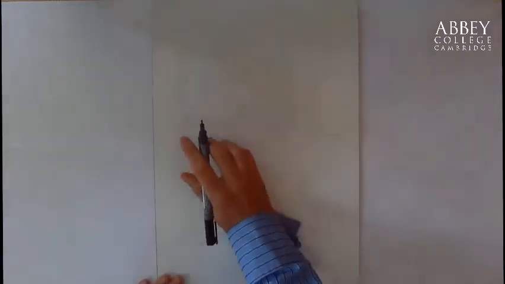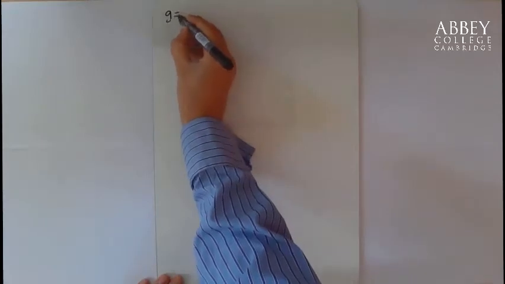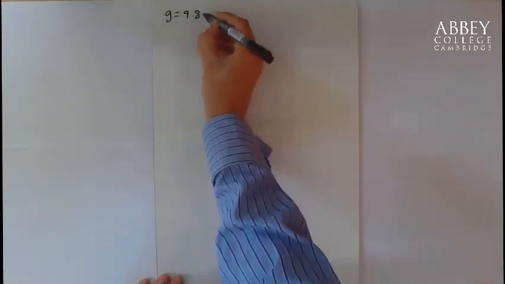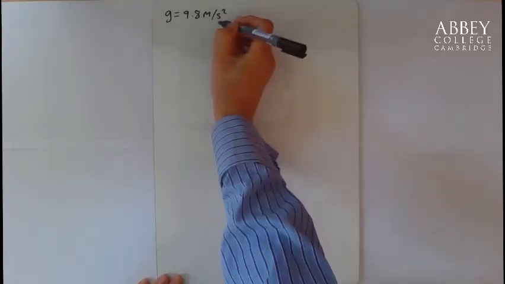A very famous scientist who gave this a lot of thought was a man named Sir Isaac Newton. And Sir Isaac Newton knew a lot about gravity. So here's a picture of Isaac Newton and me. Isaac Newton had deduced that gravity was 9.8 meters per second squared on Earth.